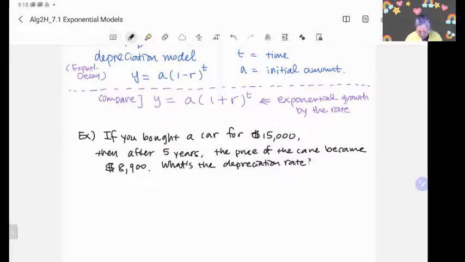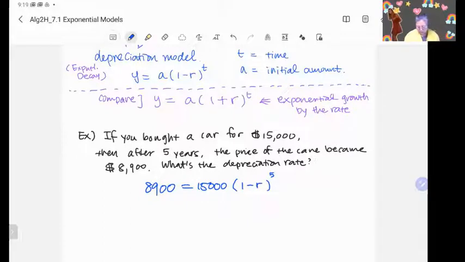Okay, so what is the price after 5 years? Here, 8,900. Then what was the original price when you bought the car for the first time? It was 15,000. Then the depreciation factor is going to be 1 minus r, in how many years? 5 years.